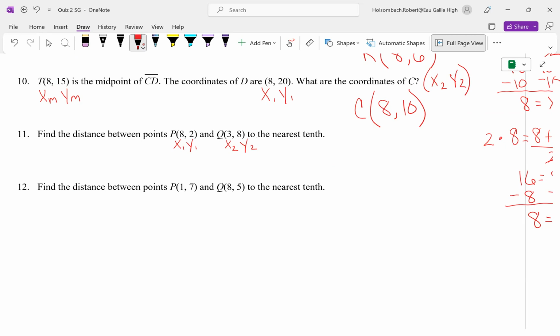So I'm going to do the math for number 11 right down here, and find the distance between points PQ. So PQ is equal to the big square root. We've got x sub 2 minus x sub 1, 3 minus 8 squared, plus y sub 2 minus y sub 1, 8 minus 2 squared.